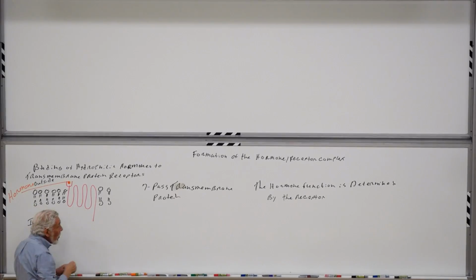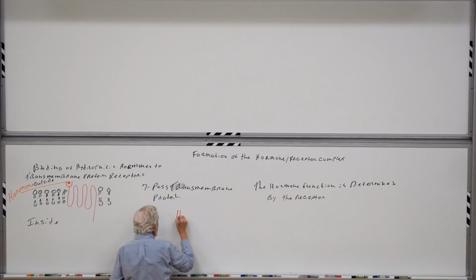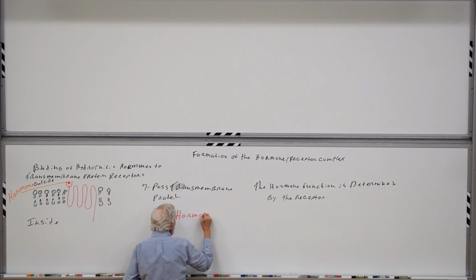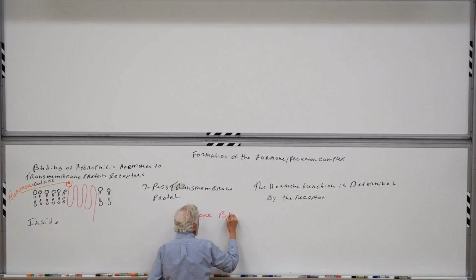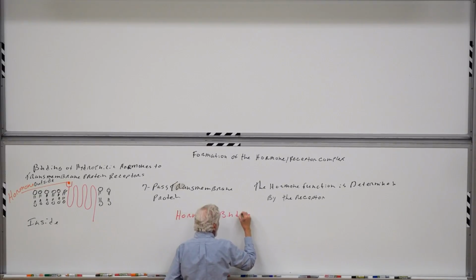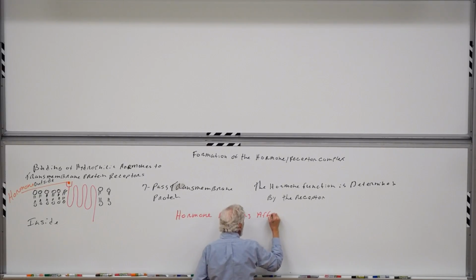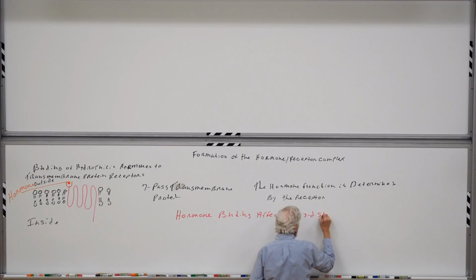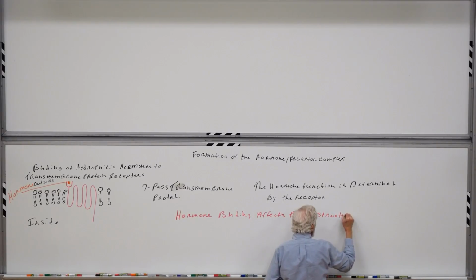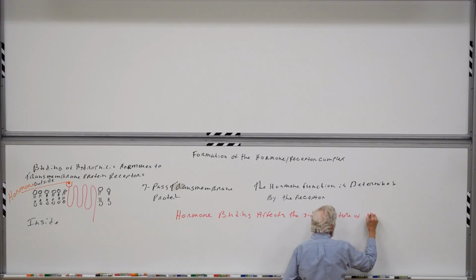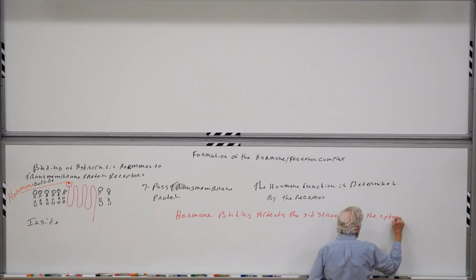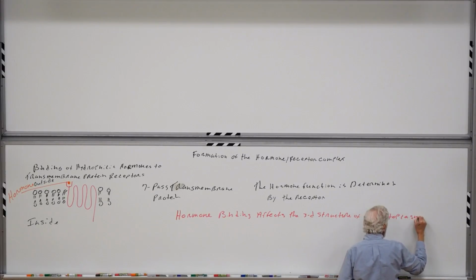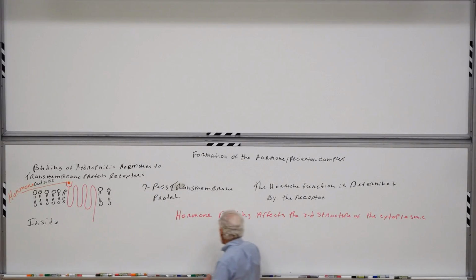So the hormone binding affects the 3D structure of the cytoplasmic portion of the protein.